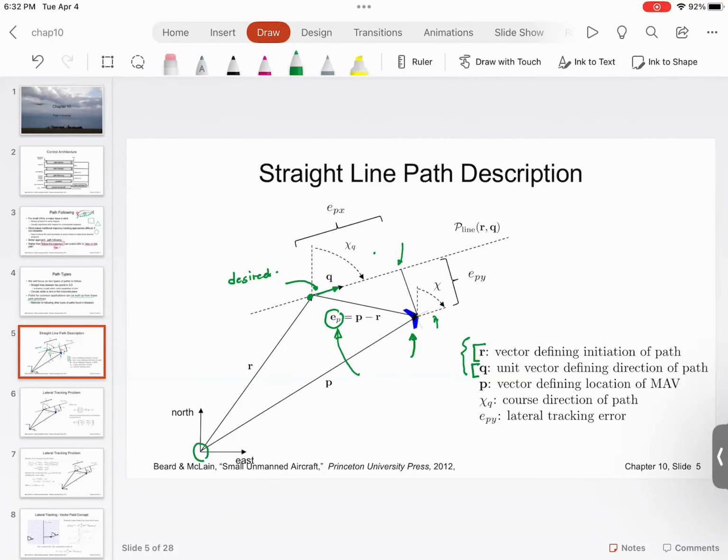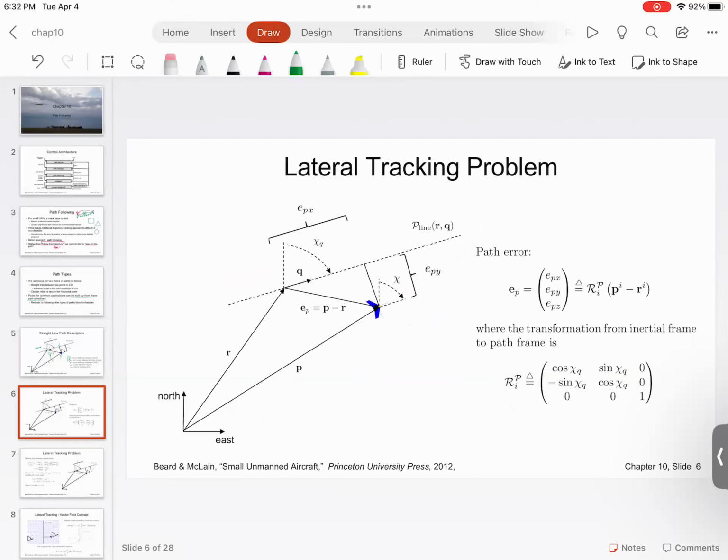That is why the next few slides are going to get into details of what exactly this tracking problem is. In the tracking problem, you have this UAV, you have this error, and this error has two components, EPY and EPX.